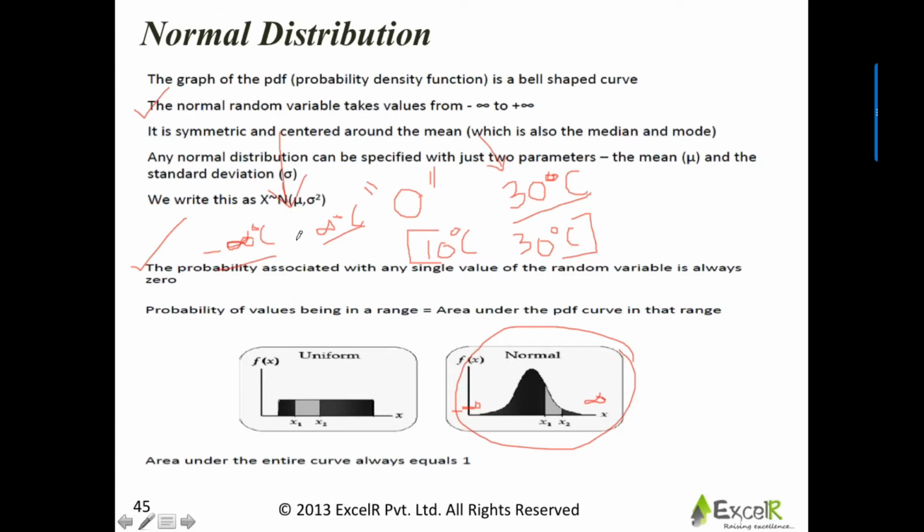That means the probability associated with the temperature falling within this range is 1. Hence, when you draw this kind of probability distribution plot, the area under the entire curve will always be equal to 1. Clear?